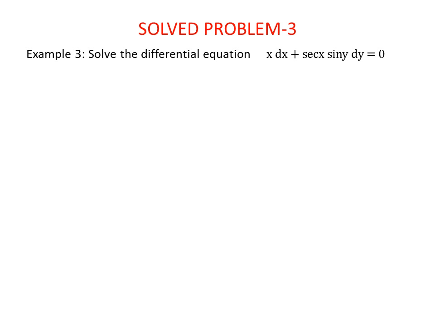Now solve problem 3. Example 3. Solve the differential equation x dx plus sec y sin y dy is equal to 0. Now in this differential equation the trigonometric functions are involved.